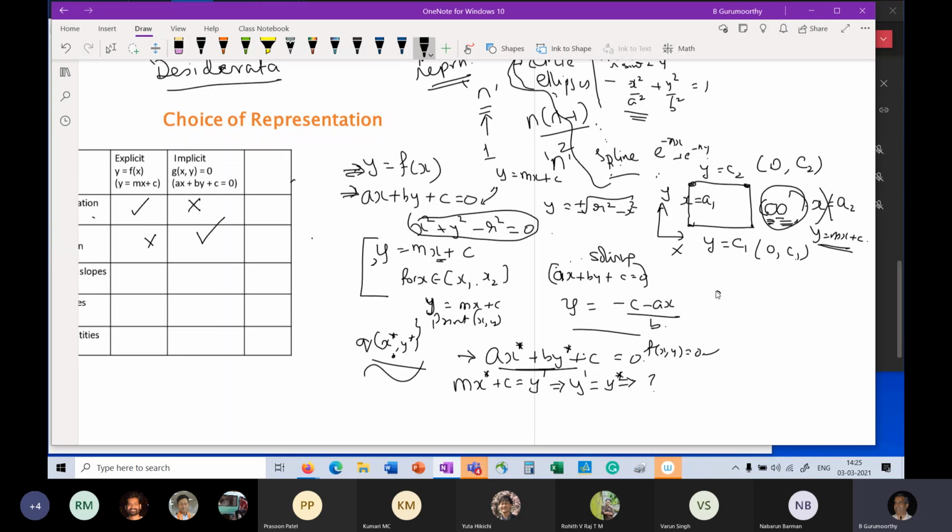Whereas the other form that we have, which is ax plus by plus c is equal to 0, it will turn out that for these two lines, b is equal to 0. That's the only thing that will happen, which is fine because you can store them just like you have stored 0 as an argument in the representation. Here, the representations will be A1, 0, C1 and A2, 0, C2.